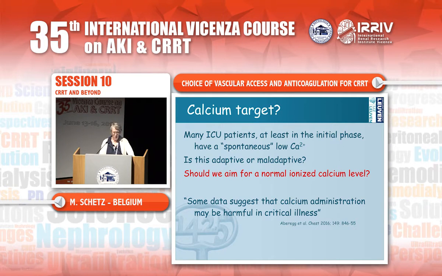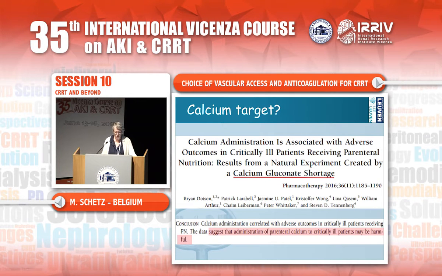We don't know. This is a review paper that was recently published in Schetz, and the conclusion was that there are some data that suggest that calcium administration may be harmful in critical illness. As an example of why it could be harmful, there is what the authors call a natural experiment.